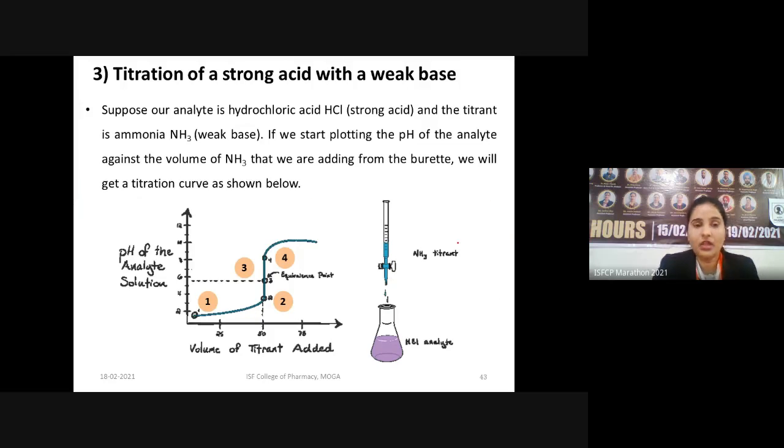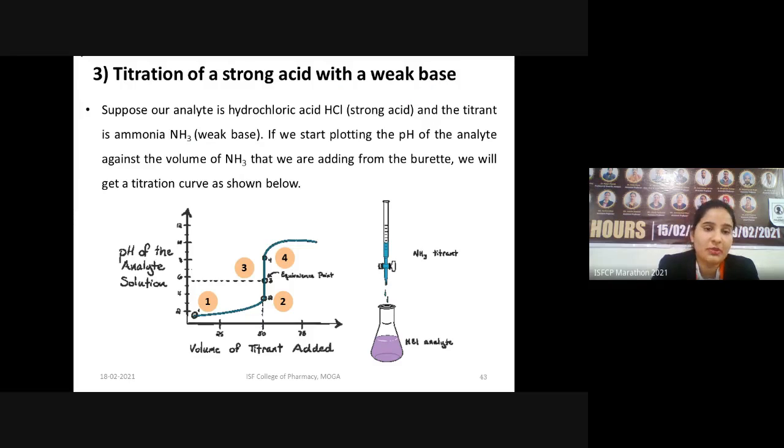The third type of titration is titration of a strong acid with a weak base. Here we have taken a strong acid instead of the weak acid which we took previously, but now our base is weak. We will be taking HCl as the strong acid, and ammonia will behave as the weak base.